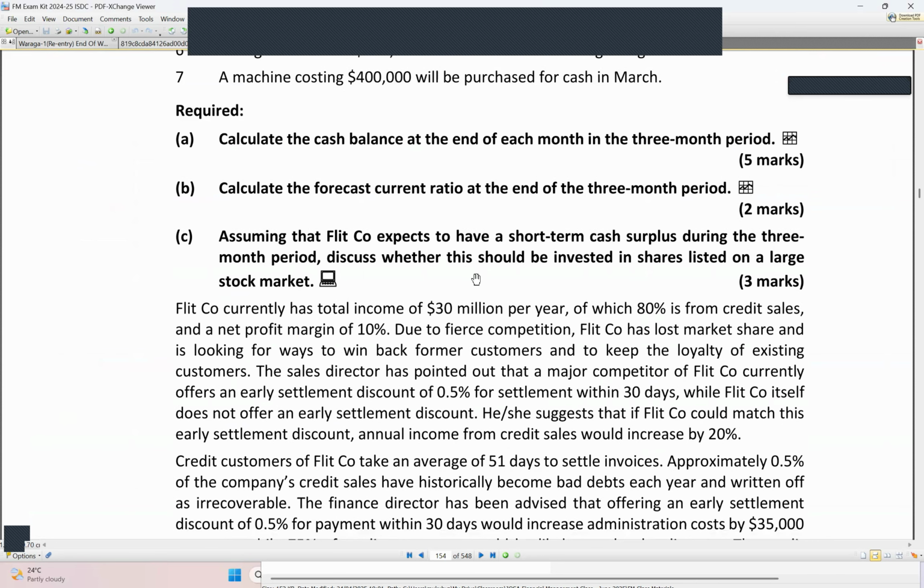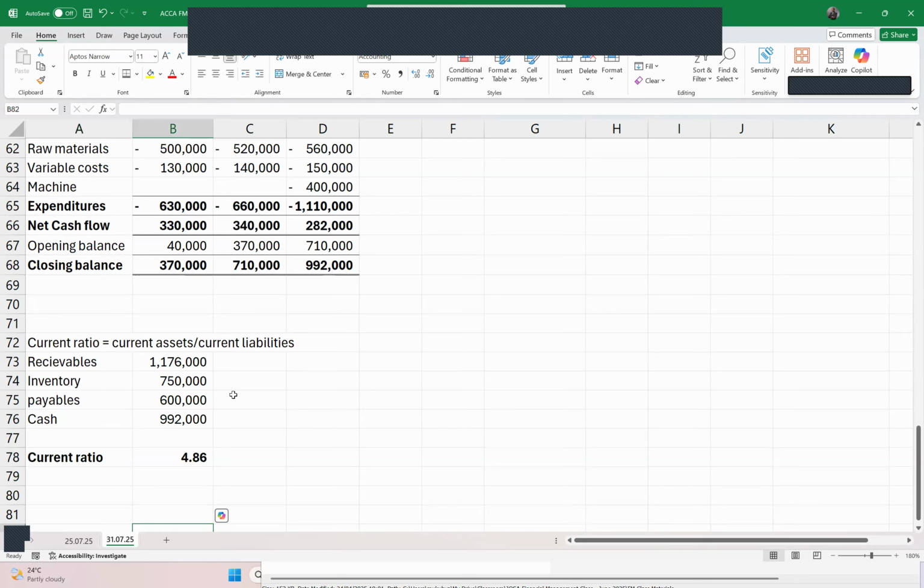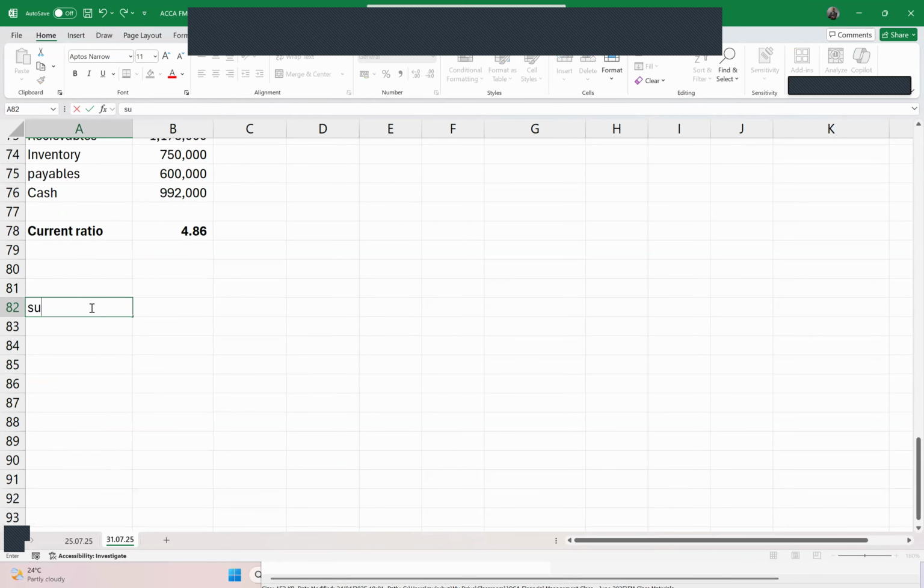Now the other question is that assuming that we want to have a short-term cash surplus, how should we invest? Should we put it in the shares of listed company or not? Now, when you have surplus, you normally have either short-term or long-term.